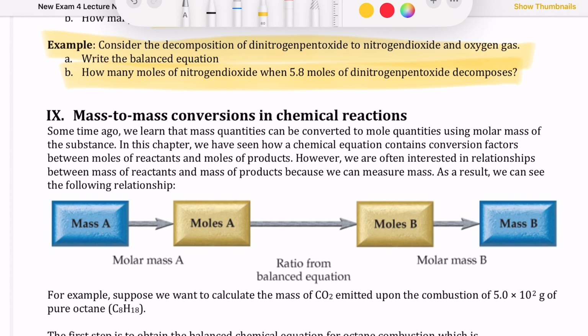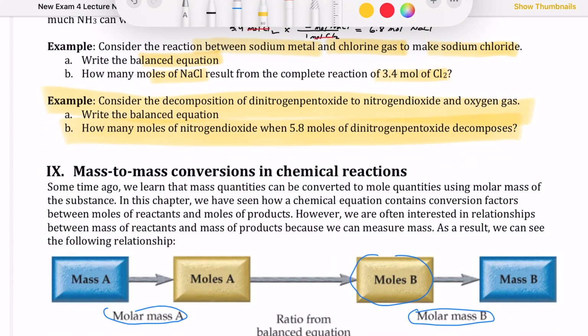Remember that one of the things we could do back in unit 2 was start with moles, and then take the moles and convert them to mass. In order for us to do that, we're going to need molar mass, okay? So we can take our moles of something that we calculate using the approach I just showed you, and convert it to the mass of that compound.